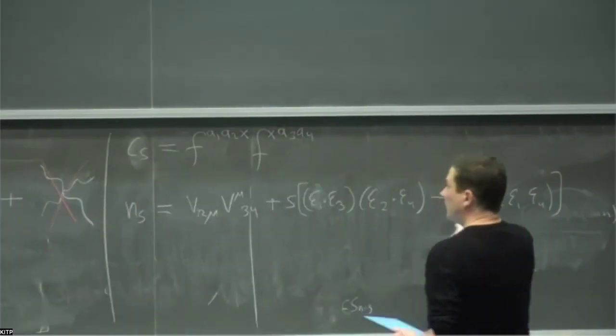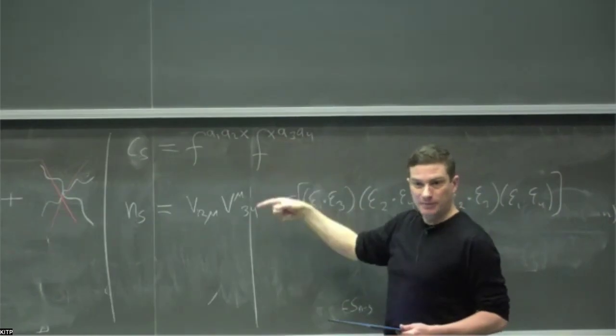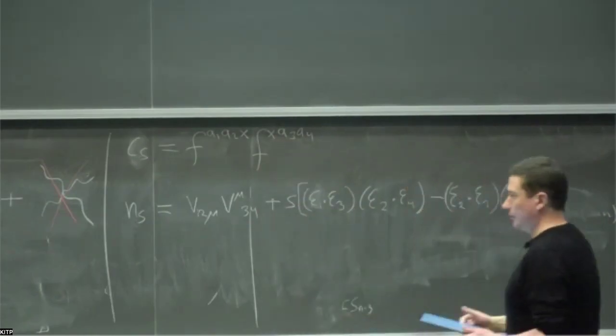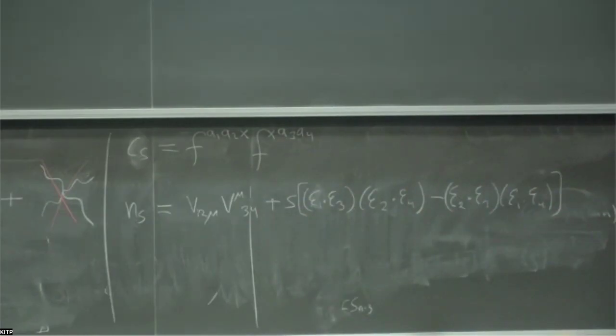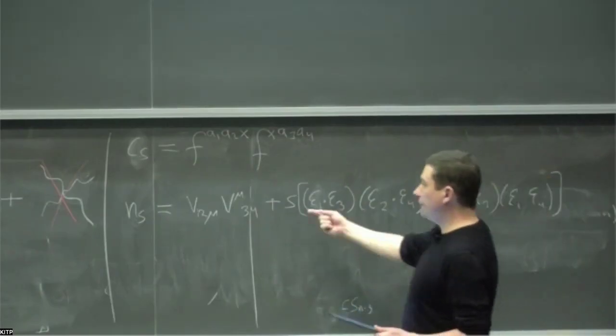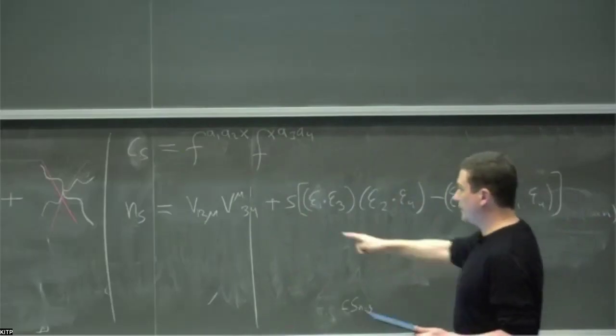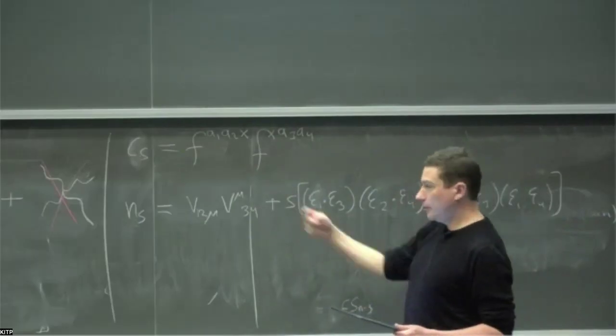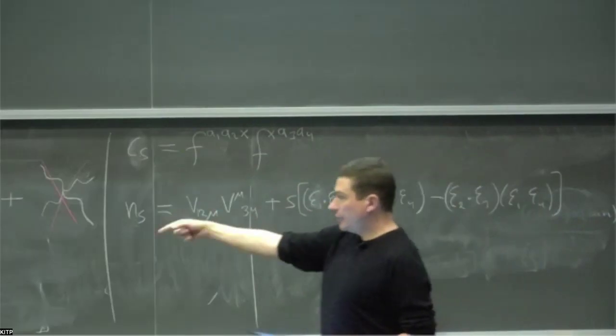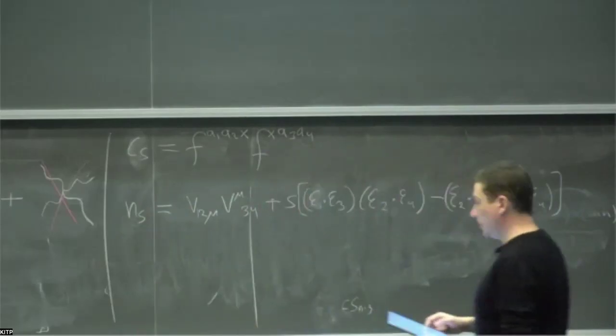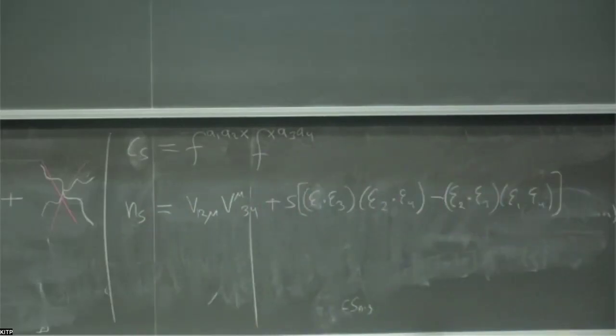It needs to be antisymmetric because this is antisymmetric, so I cannot multiply something antisymmetric with something symmetric. Okay, good. So this is the only thing you need to do. You need to tweak your Feynman rule slightly by adding this term, and then you can convince yourself that when you sum over these three diagrams, you just recover the usual Yang-Mills 4-point vertex. Okay, good.